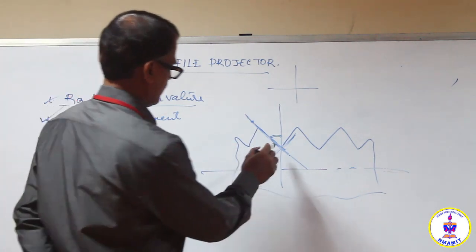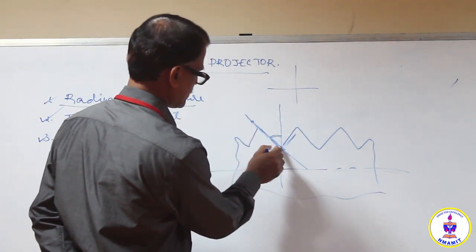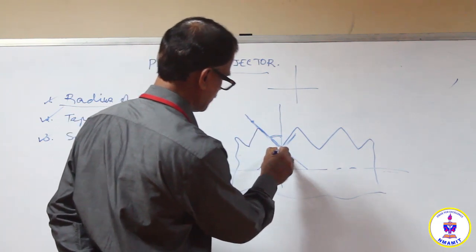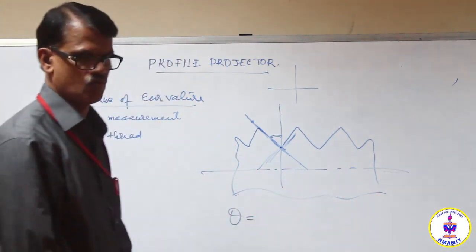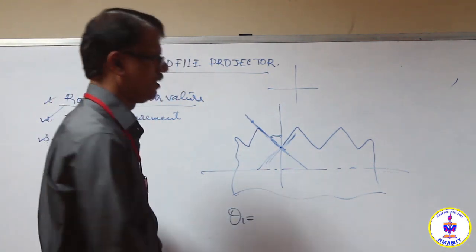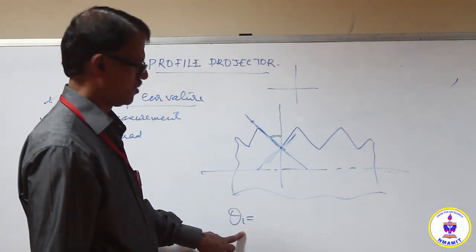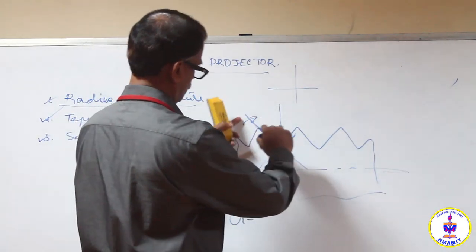Now here, when the cross line is parallel to or coinciding with a flank of the thread, corresponding to this position, you read the angle theta 1 on the protractor. Then the same wire can be moved.